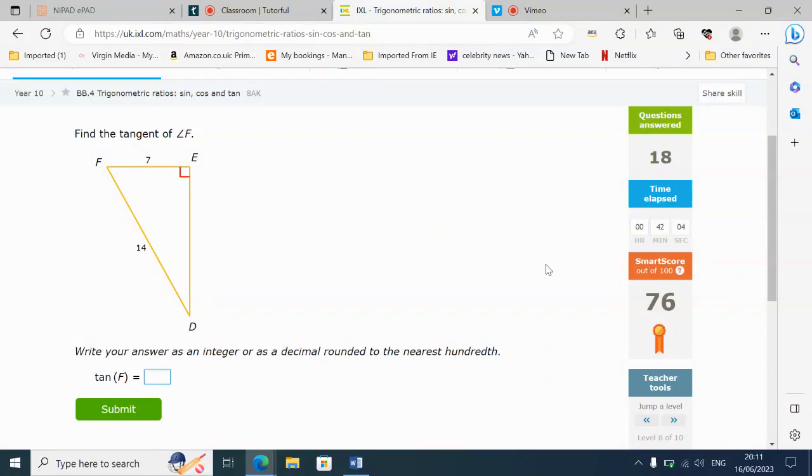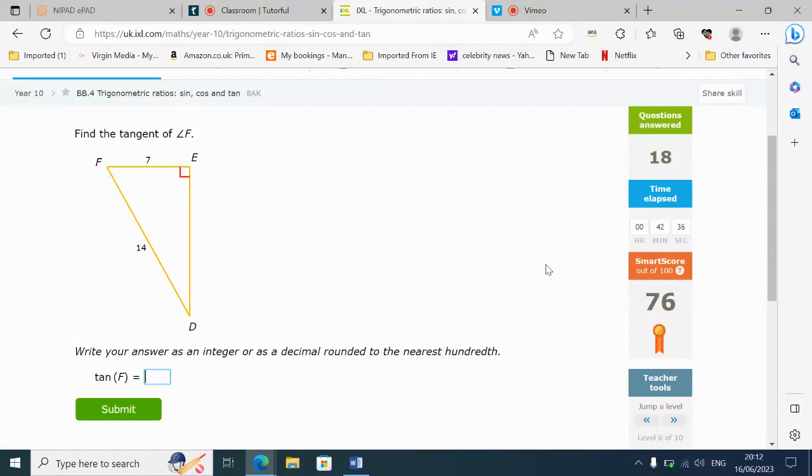So 14 squared is 196, and 7 squared is 49. So take them away: 196 take away 49 is 147. So what is the square root of 147?